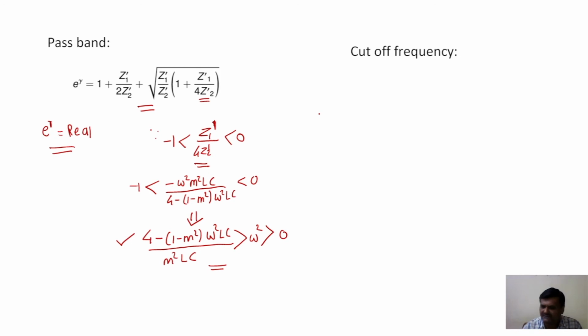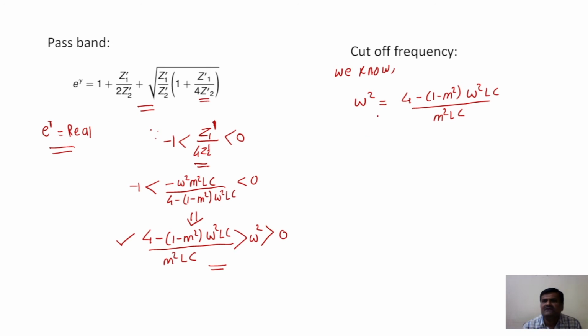So for a cutoff frequency, right here we know for cutoff frequency omega square should be equal to (4 minus 1 minus m square omega square LC) divided by m square LC.